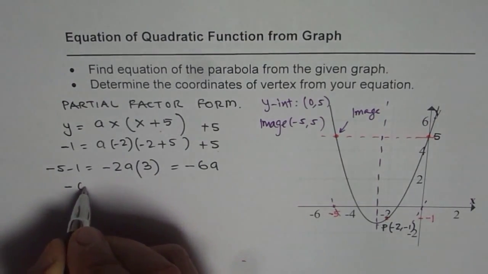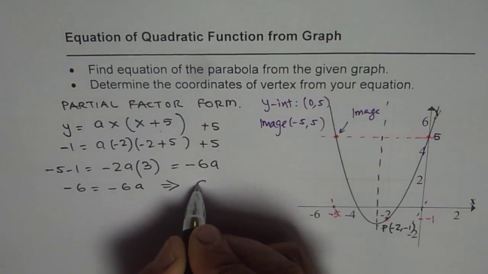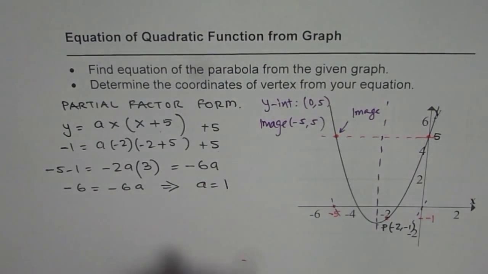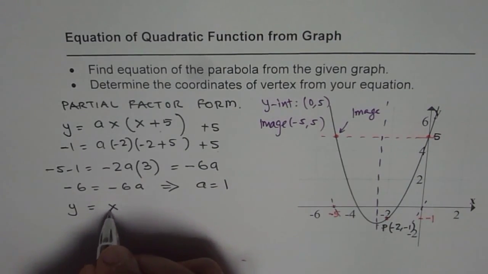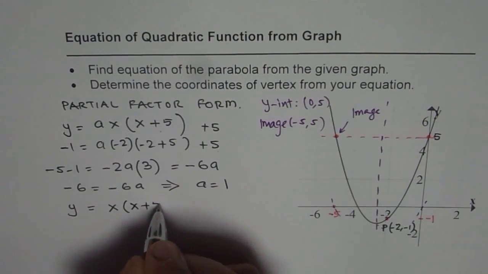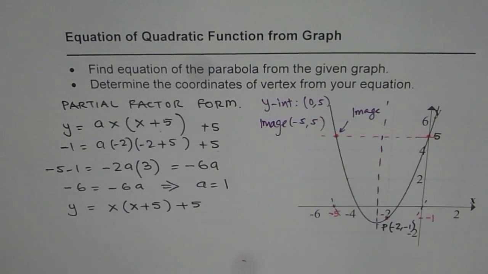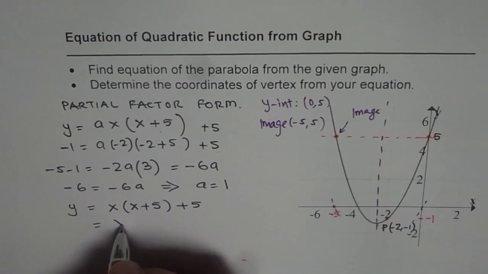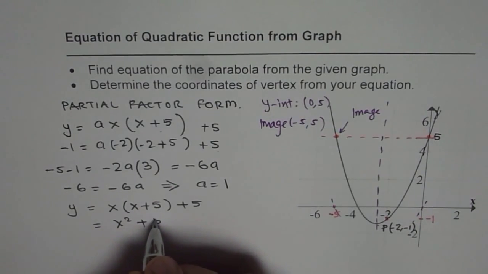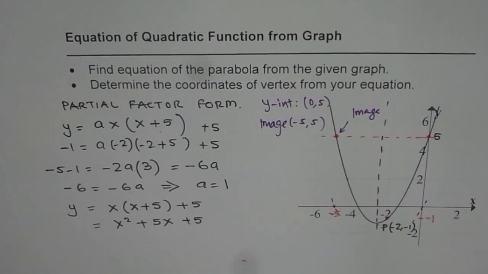So it is -6 equals to -6a, or you can say a equals to 1, right? Since a equals to 1, I can write down my equation as y equals to x times x plus 5 plus 5. So that is the quadratic equation. You can always write this in standard form as x squared plus 5x plus 5. So that is the equation.